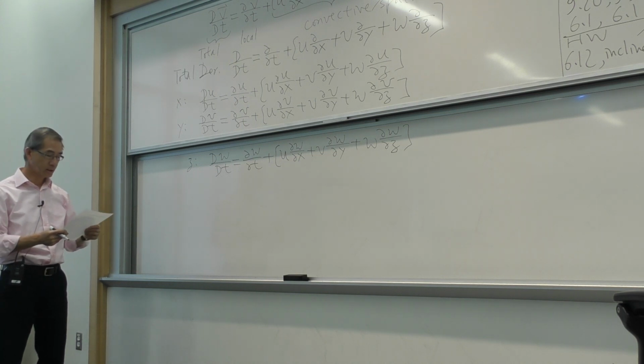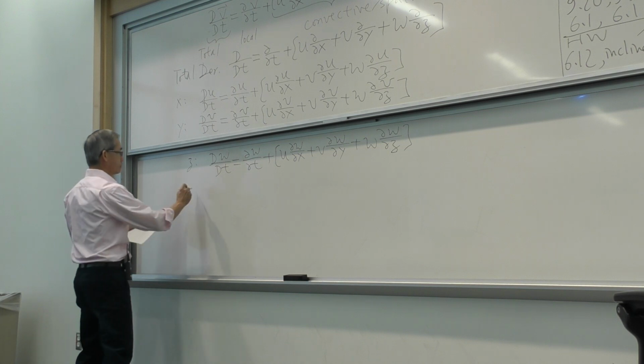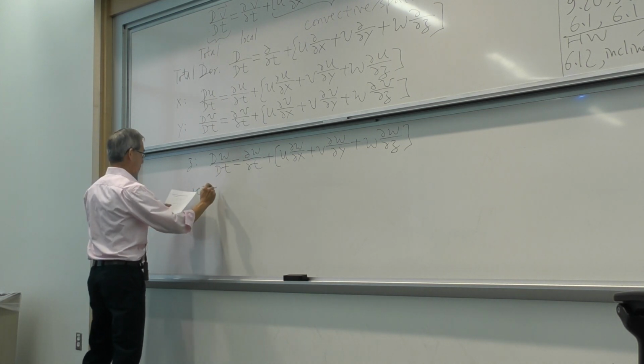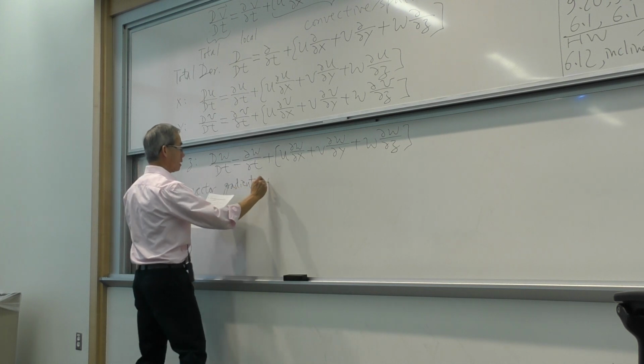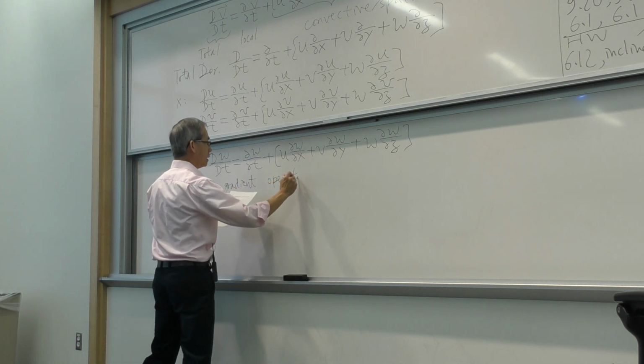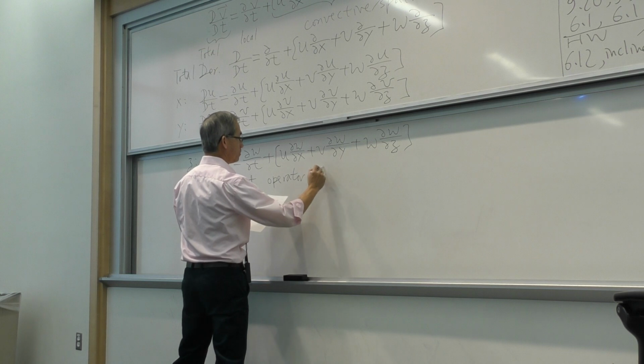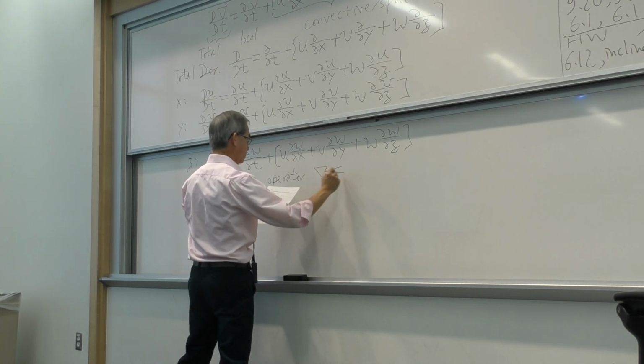And that is done by introducing a vector operator. And I'll explain what I meant by that. This operator has the symbol of upside down triangle.